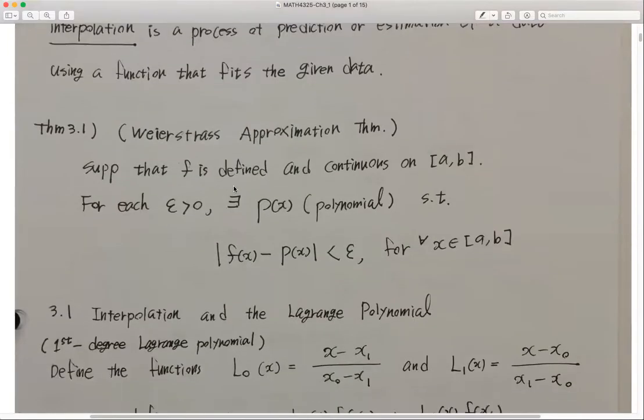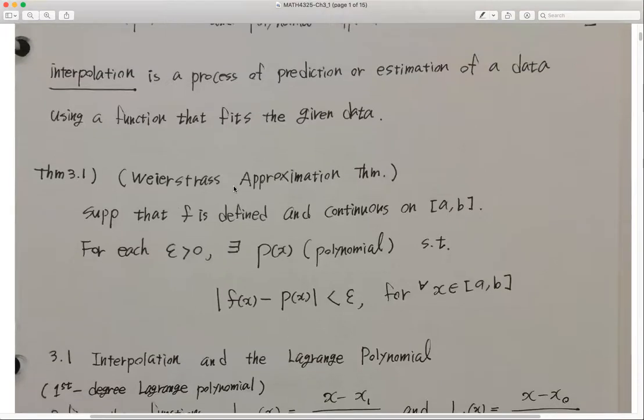So how can you guarantee that the Lagrange polynomial can be used as an approximate function of the given data? We can guarantee that based on a theorem.